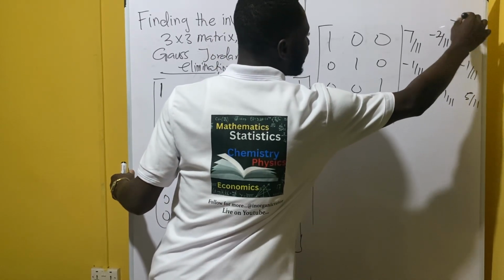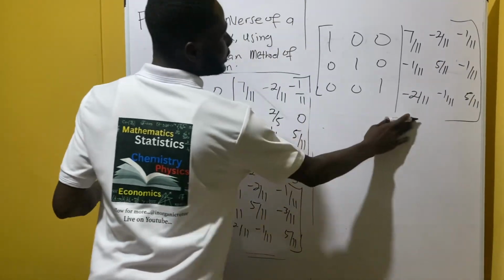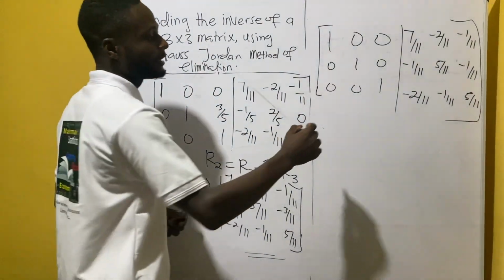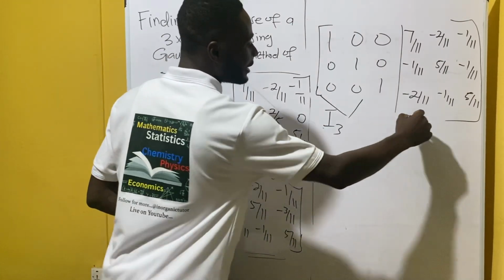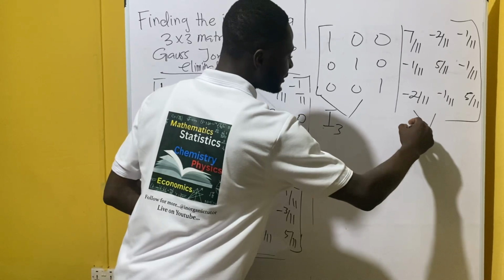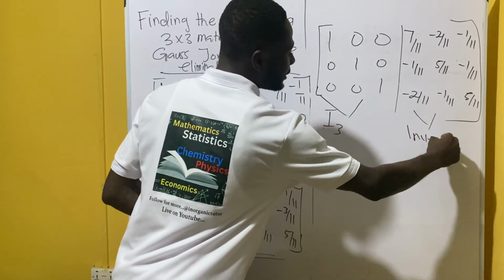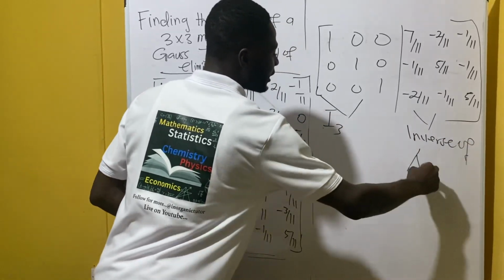So this right here is the identity matrix, and then this is the inverse of A.